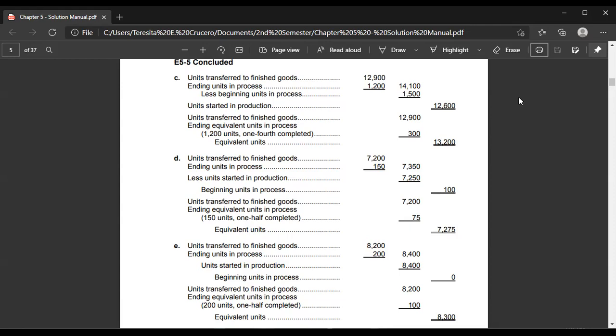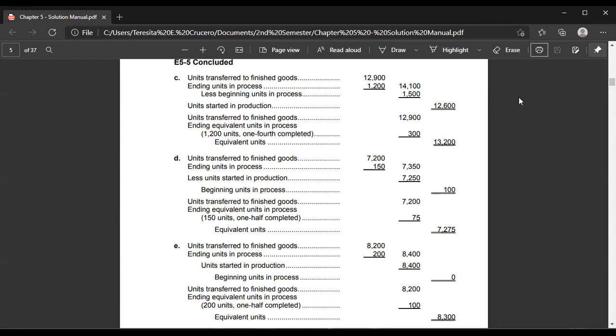So you can now fill in the blanks, 13,200 for the equivalent units, and the units started of 12,600.